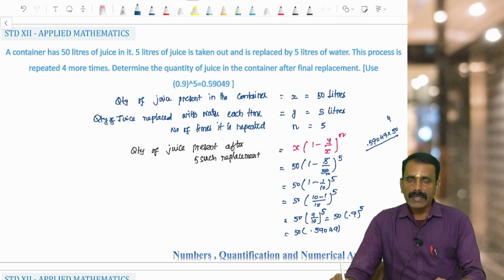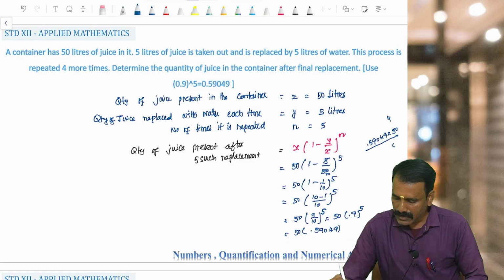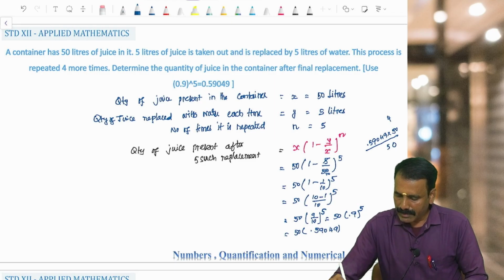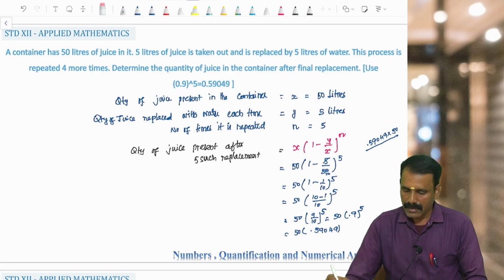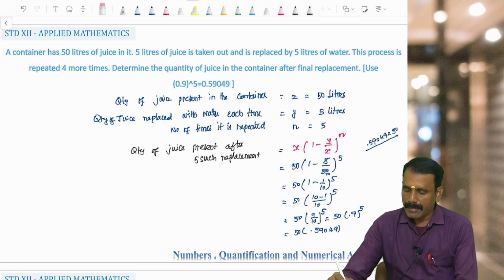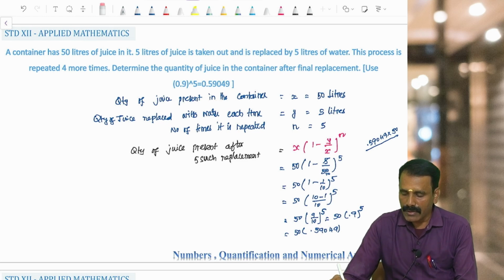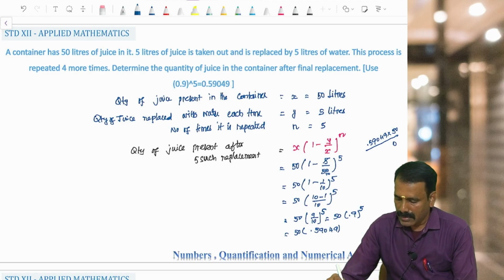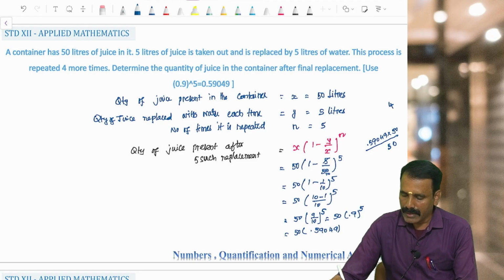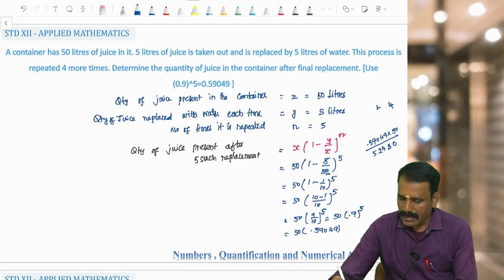We multiply 0.59049 with 50. So it is 0. 5 9s are 45, balance 4. 5 4s are 20, 20 plus 4, 24, because 0 over there we write 24 as such. 5 9s are 45, balance 4, 5 5s are 25, 25 plus 4, 29.